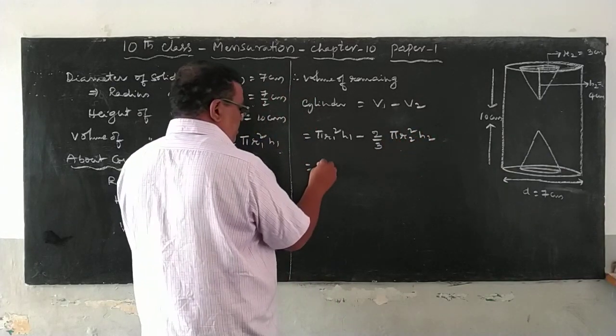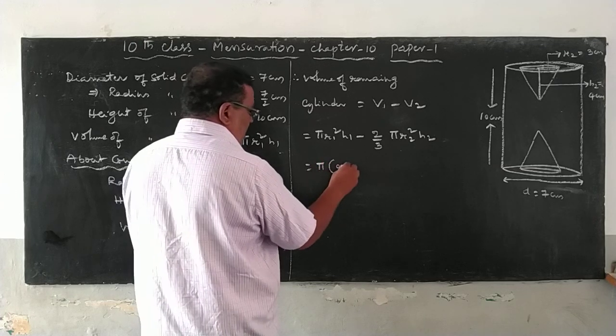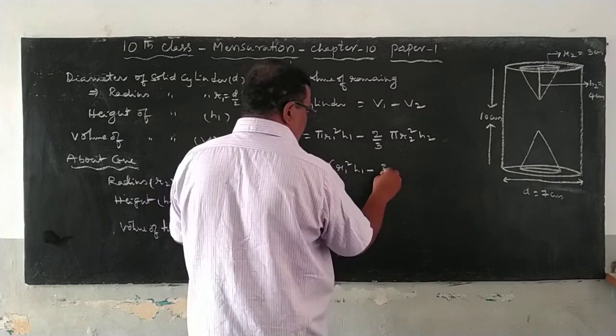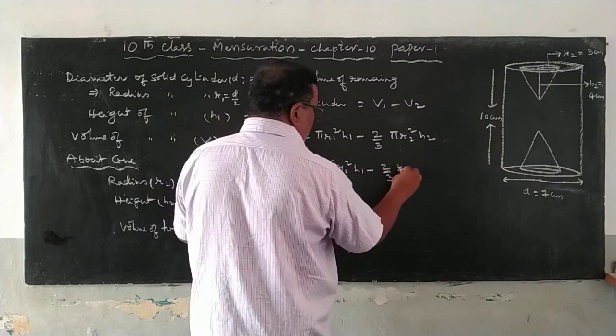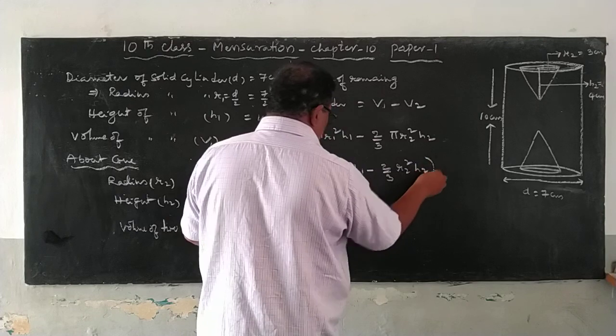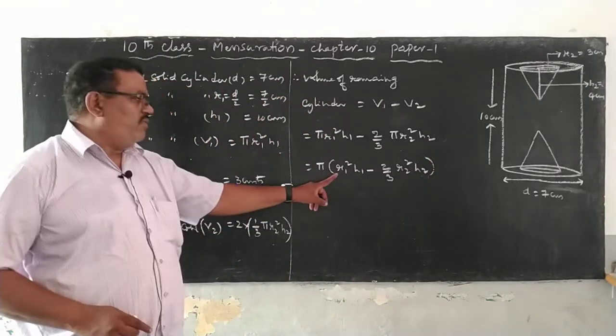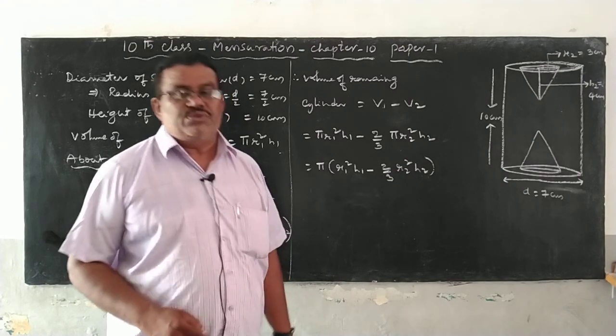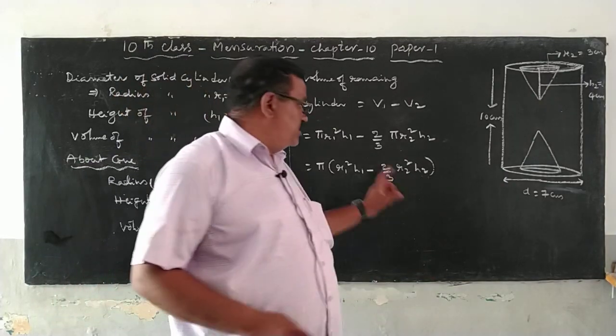Take pi as common factor: pi times r1 square H1 minus 2 by 3 r2 square H2. Substitute the values of r1, h1, r2 and h2. You get the solution. Okay, children, this is the process.